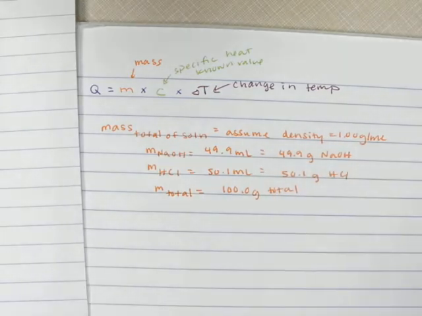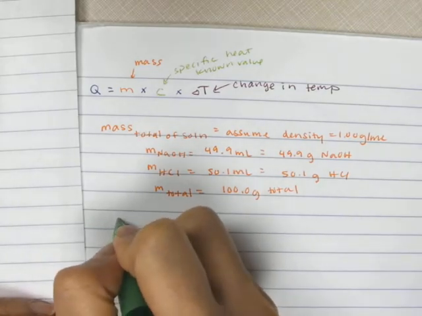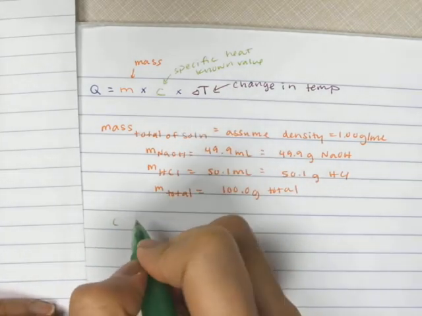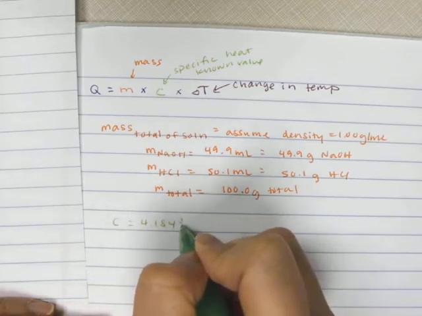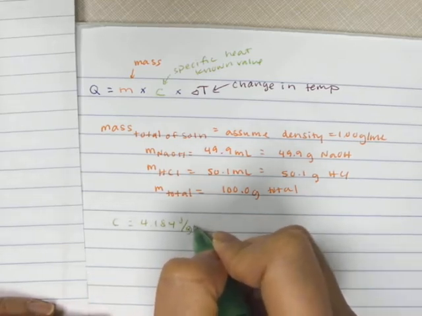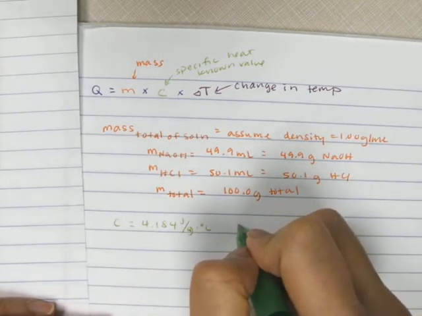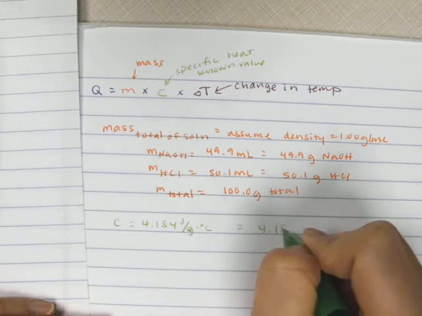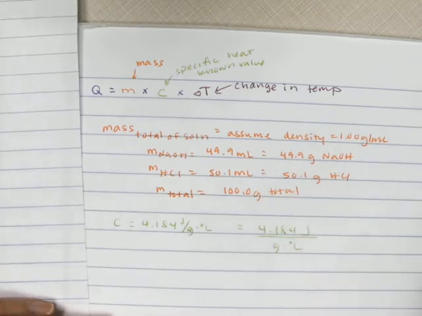Okay, so that's the mass. c is the specific heat, which is the known value. That's 4.184 joules per gram times degrees Celsius. And that's for water. You can also write it as 4.184 joules over gram degrees Celsius.